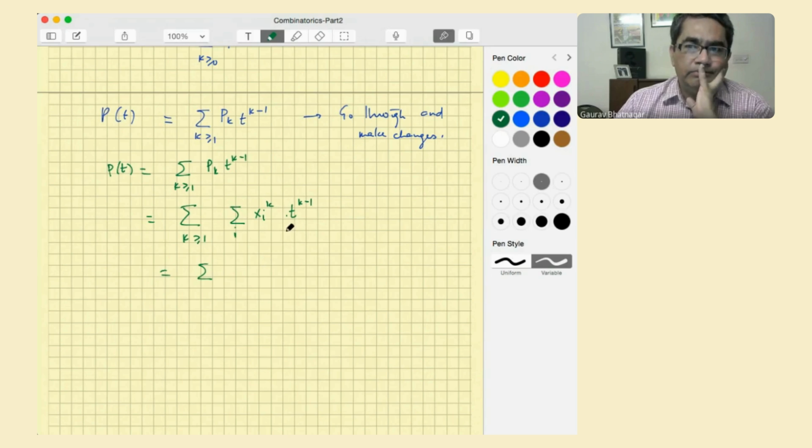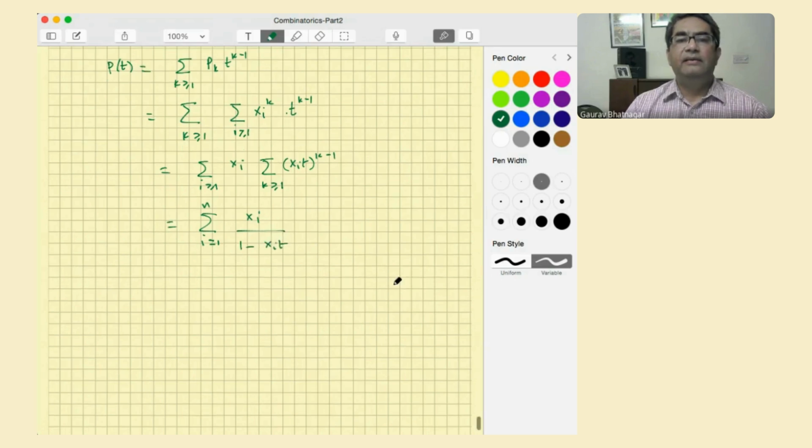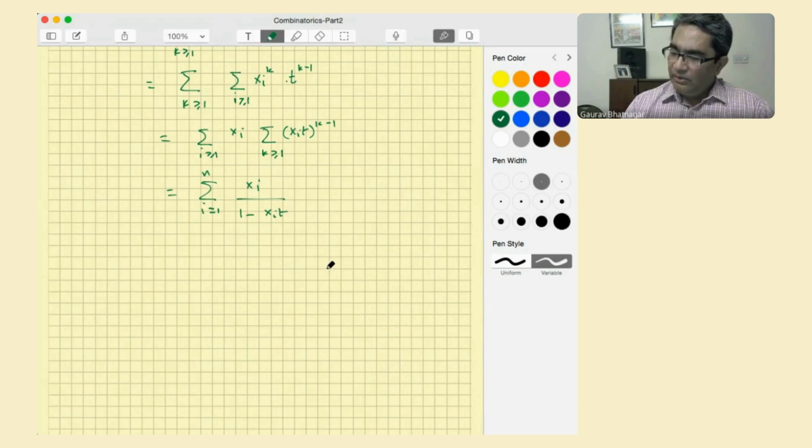So now let's take an xi out, and then I'll get xi t to the k minus 1. And this is the reason why. So this is xi over 1 minus xi t. And okay, now it's fine. So that was the problem over there. There was no xi there. So I don't know what we did, but anyway.